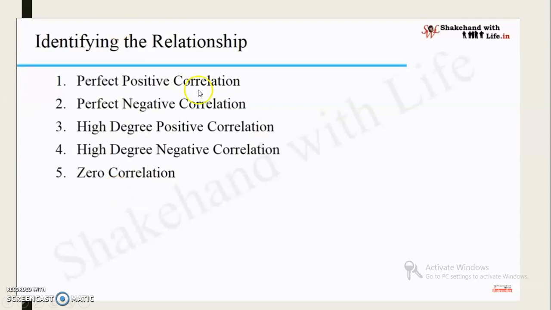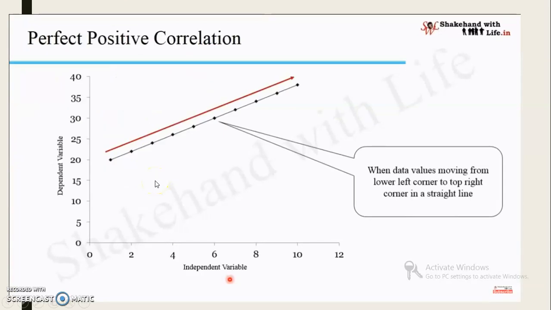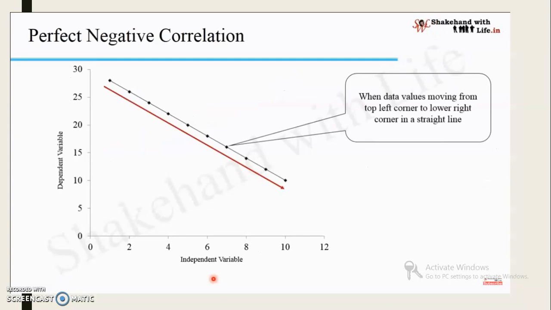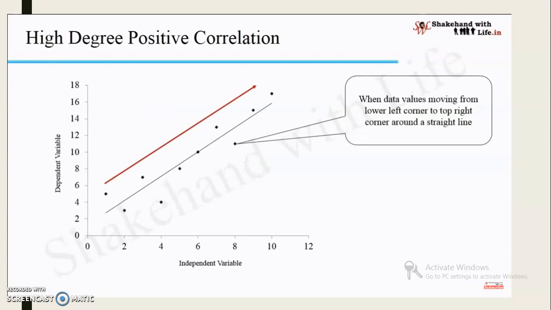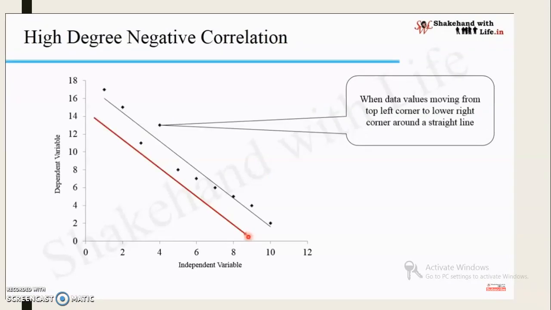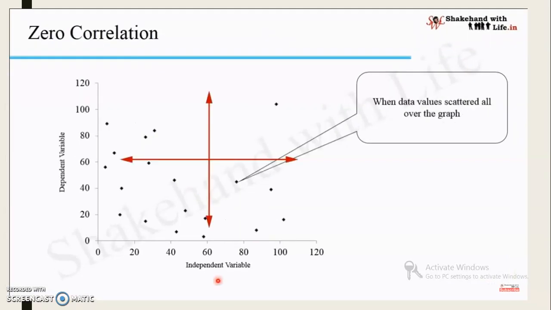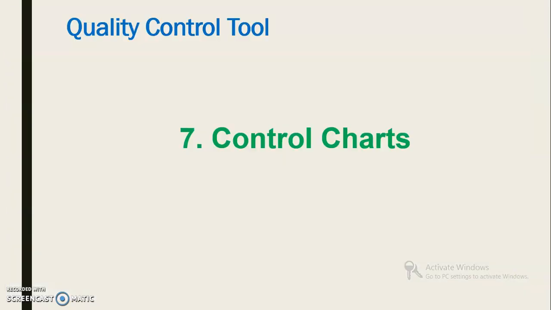So these are the different graphs, with the earlier equation y is equal to mx plus c. So this is the positive correlation, this is perfect negative correlation, this is high degree positive correlation, high degree negative correlation, and it is random, that is zero correlation.